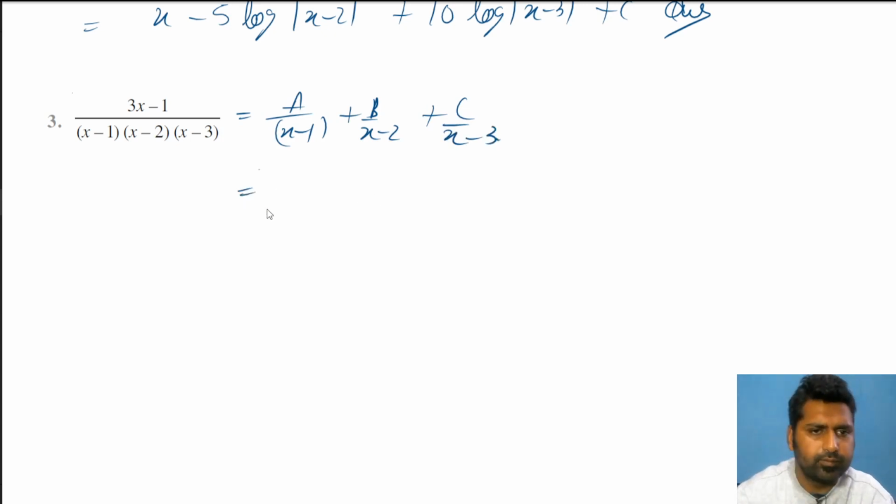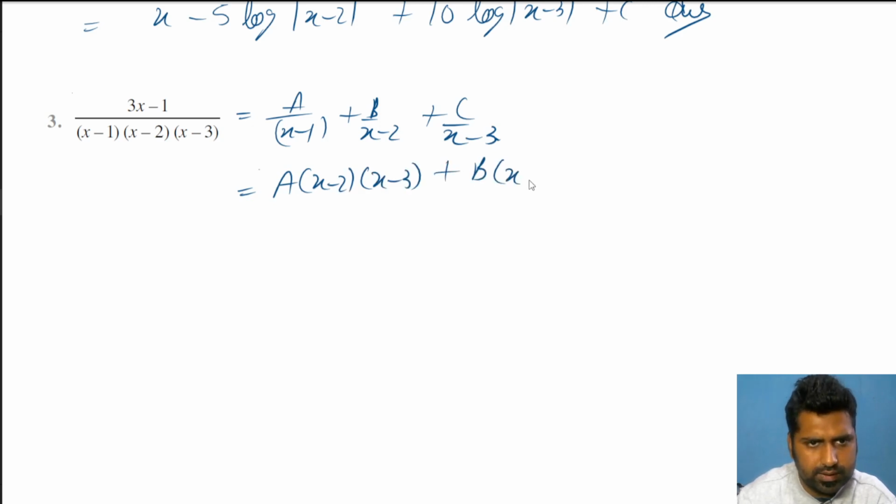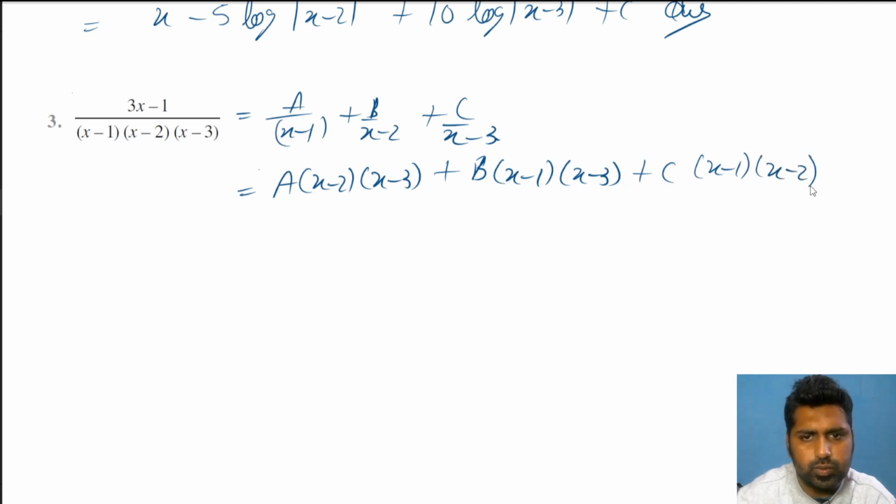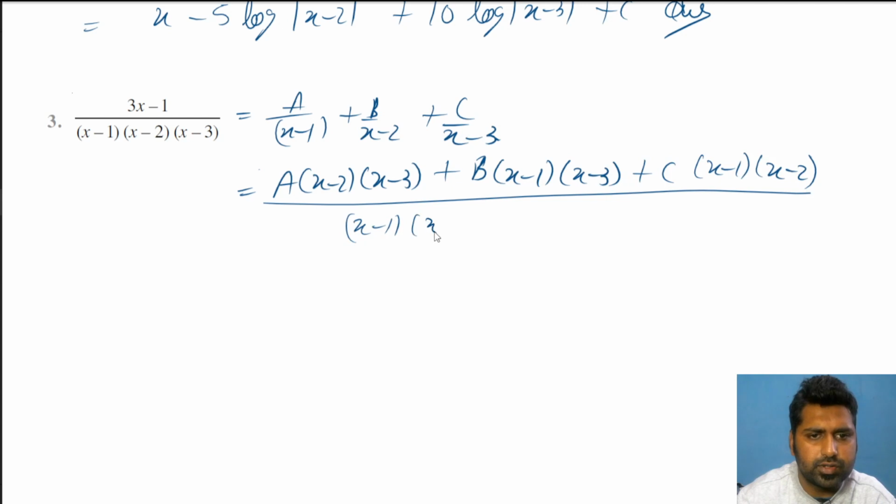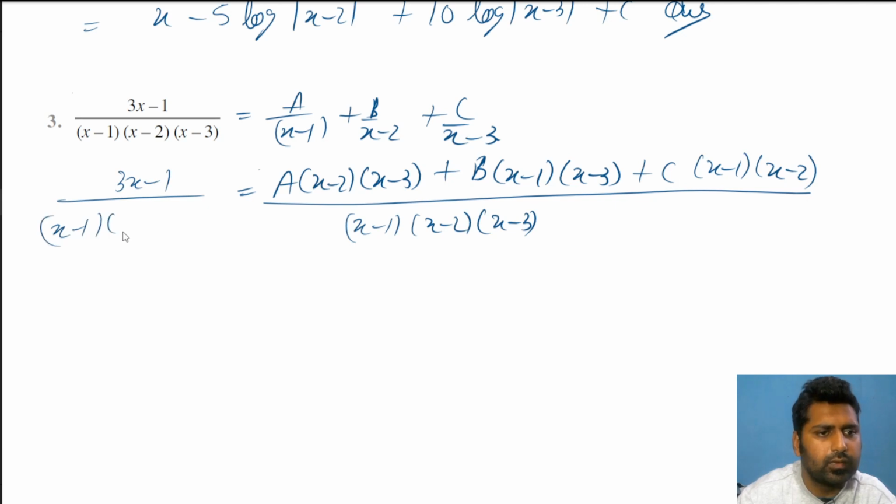Take the LCM: a into (x minus 2)(x minus 3), b into (x minus 1)(x minus 3), c into (x minus 1)(x minus 2), upon (x minus 1)(x minus 2)(x minus 3), equals (3x minus 1) upon (x minus 1)(x minus 2)(x minus 3).